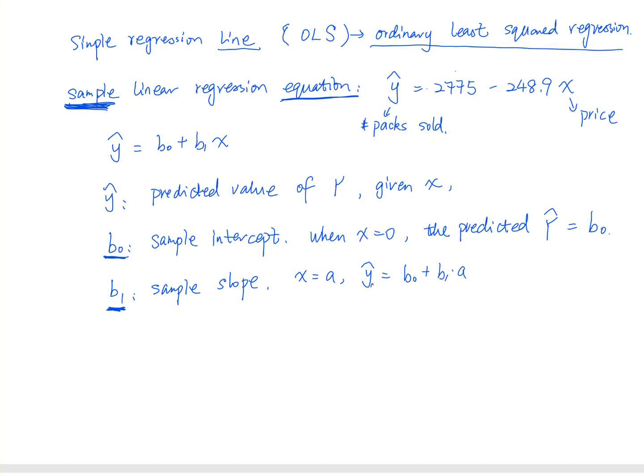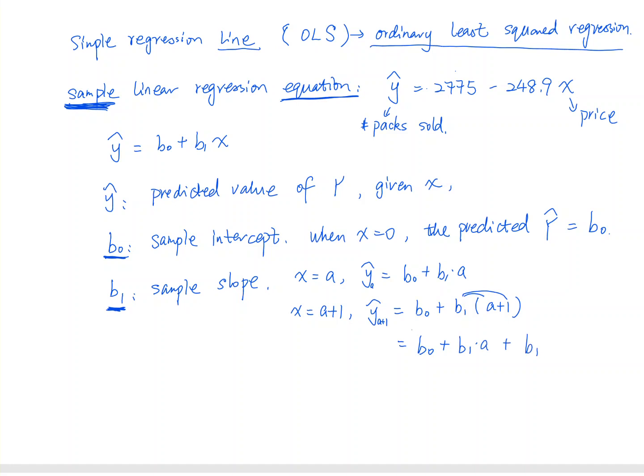So we give a notation that the x value is a. Now I want to increase x to a plus 1. I have one more unit for the x value, and then I just calculate the predicted value of y again based on the x value being a plus 1. So I just plug in b0 and b1 times, now it's a plus 1, right? So we use the multiplication rule, which will be b0 plus b1 times a plus b1.